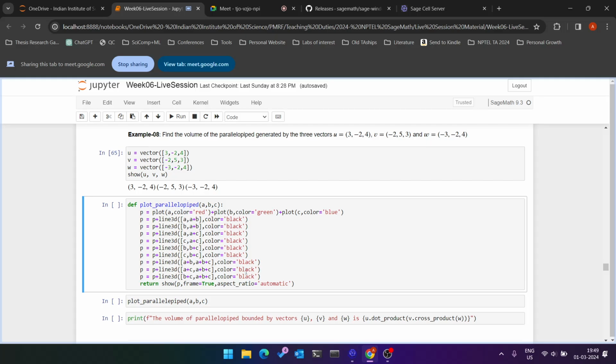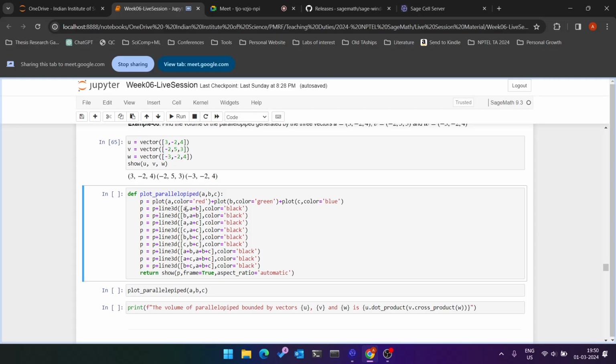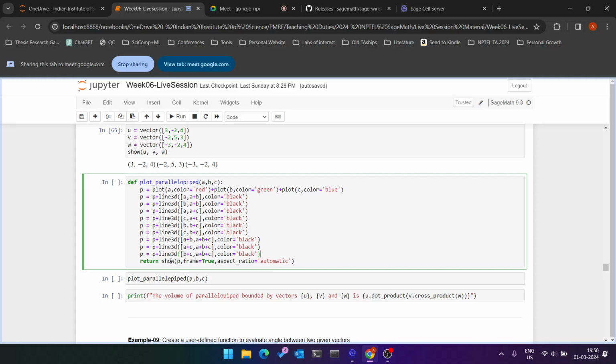All of them are colored black, and you can see that it's basically a line that goes from say A to B, similarly from B to A plus B, A to A plus C, and so on. So all these are the 8 different edges that you can construct. You can also verify them yourselves. And in the return part, I'm asking it to show this entire plot object P. Right.